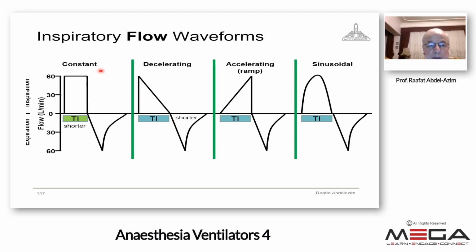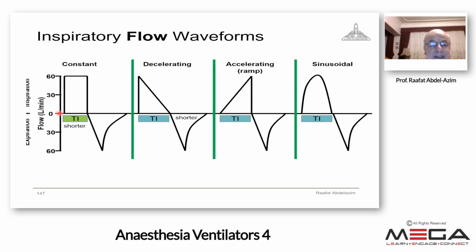So usually in all ventilators, we see the constant flow in volume controlled ventilation. Why is it constant? There is what we call a flow sensor. The flow sensor senses whether there is flow or not. If there is no flow, it will give a 0 reading all the time. 0 means no flow.